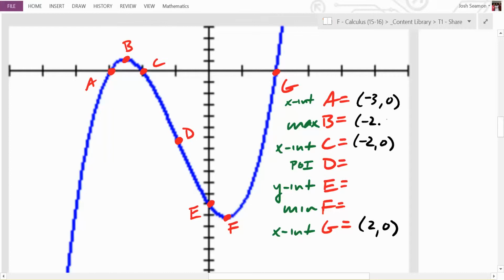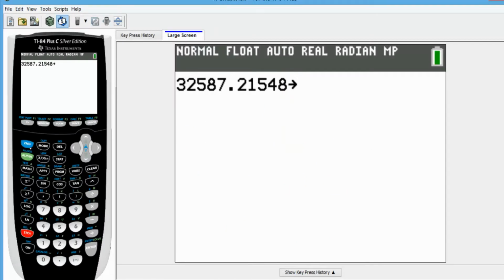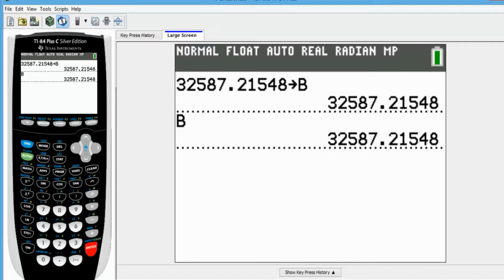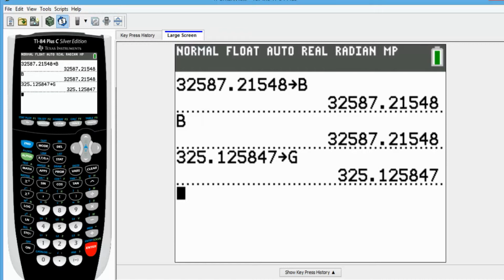Thank you. If you hit STO and then alpha B, every time I call B, guess what it is? It's that number. So you can store. Let's say you come up with some big decimal that you don't want to have to type over and over again. STO. All the green letters above each key, you can pick a name. Like alpha tangent would be G. And guess what you can do?